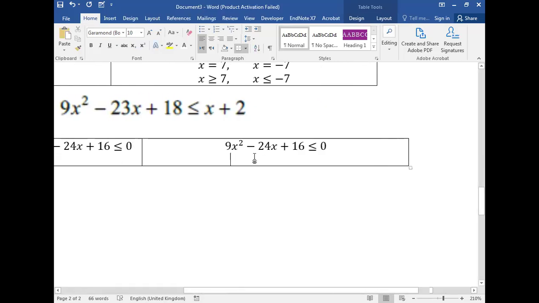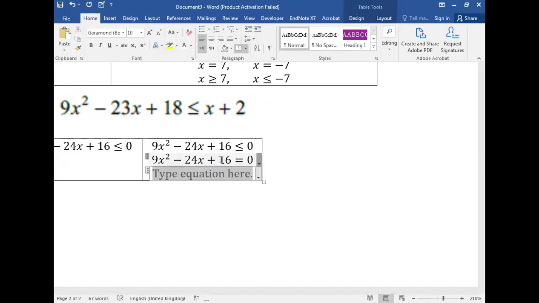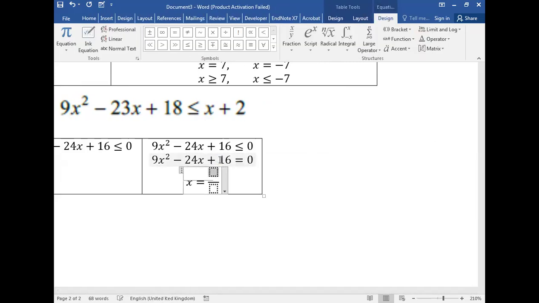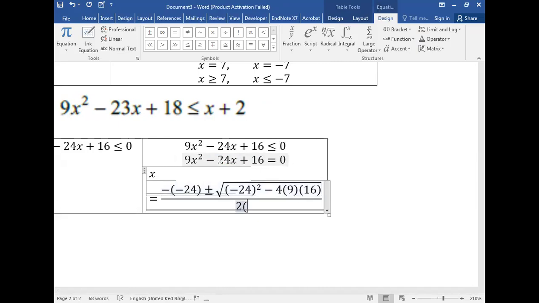Happy face. You said, sir, I'll find the critical values through the quadratic formula. Is that right? Yes. So x is minus b plus minus under root of b square minus 4ac upon 2a, where a is 9, c is 16.